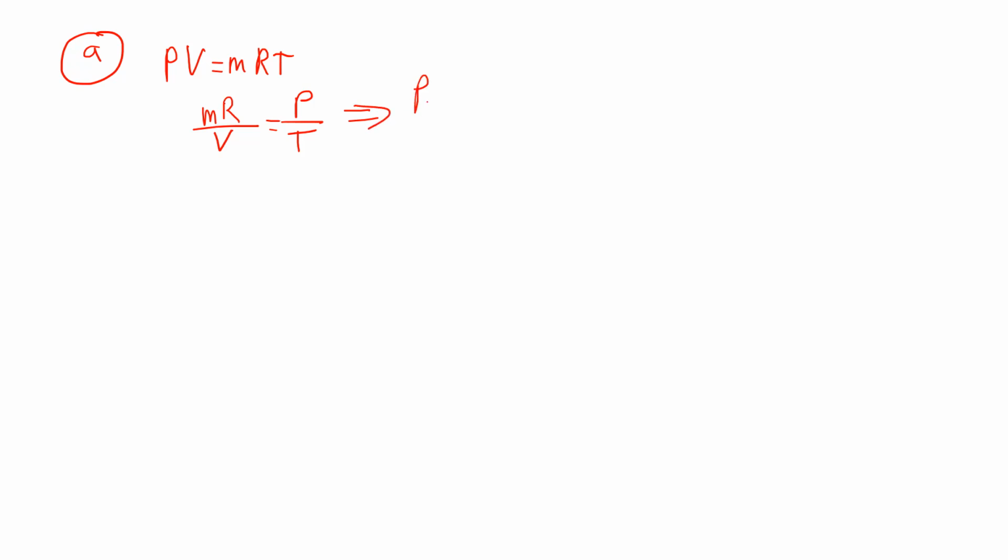So with that, I get that P1 over T1 equals P2 over T2. If I plug in the pressure at state 2, the pressure at state 1, and the temperature at state 1, I could pretty directly determine that the final temperature would be 437 Kelvin.